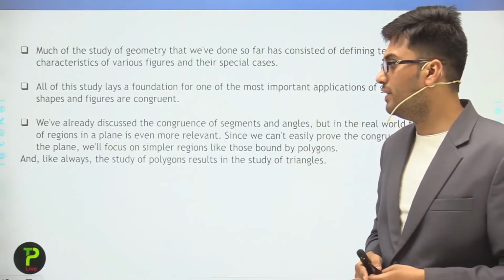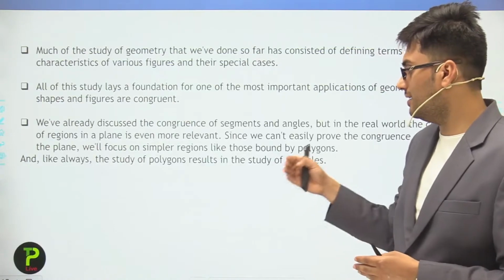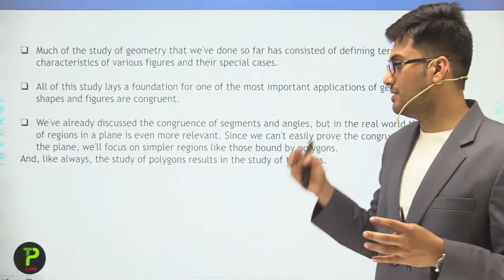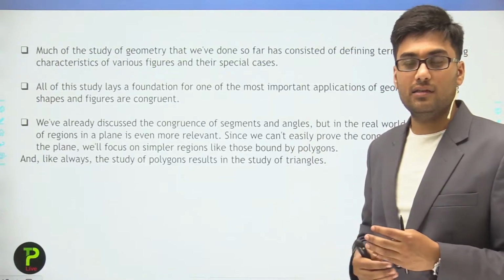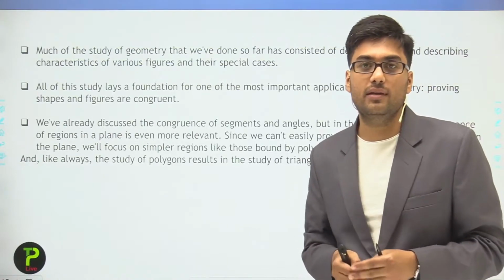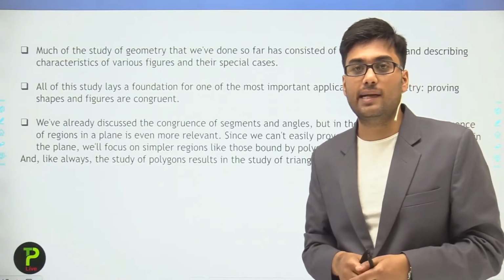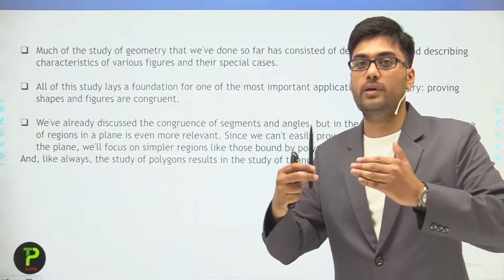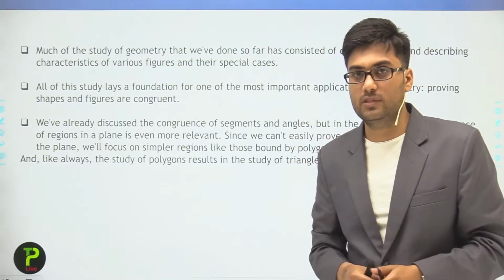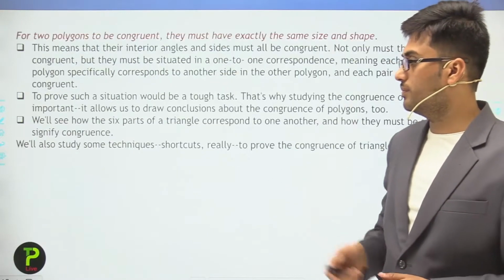And like always, the study of polygons results in the study of triangles, because a triangle is the smallest polygon, and if we study triangles, then we can apply those properties to a polygon by dividing that polygon into triangles. Clear?